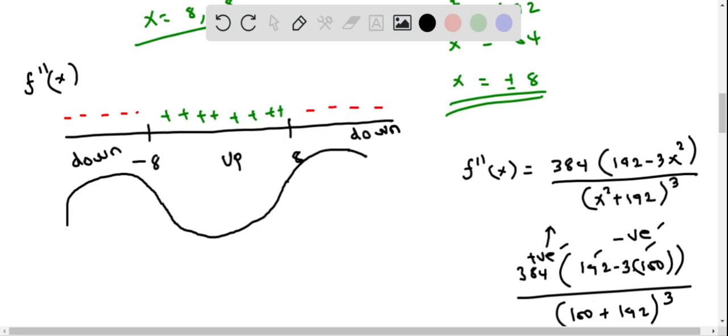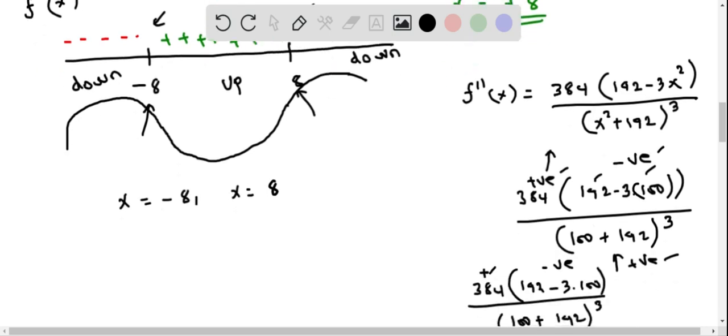So you can clearly see that at x equal to negative 8 the concavity changes, and also at x equal to 8 the concavity changes from up to down. So whenever the concavity changes, these points are points of inflection. So we consider x equal to negative 8 and x equal to 8 as points of inflection.